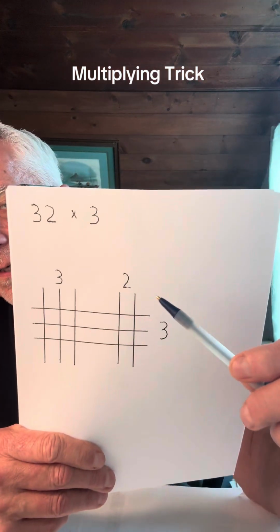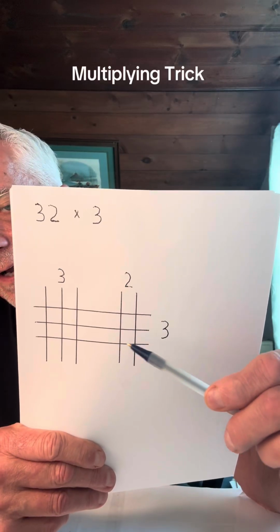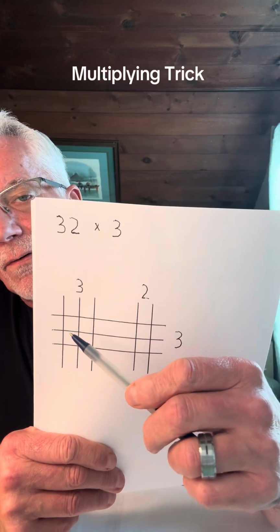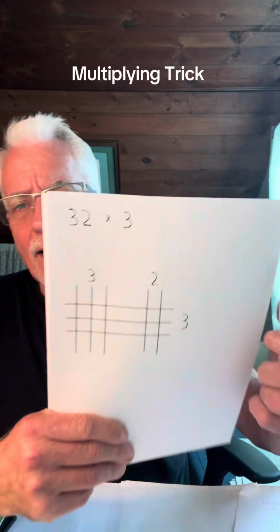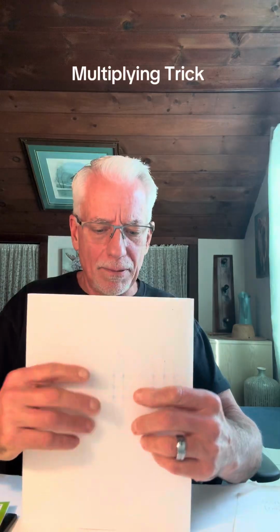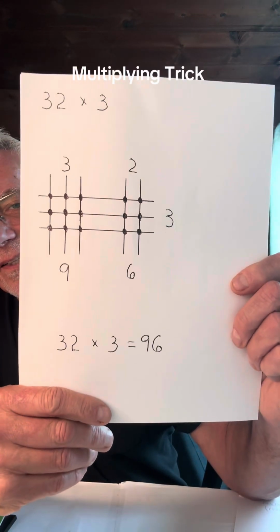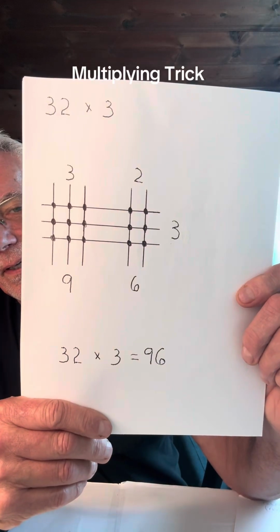Over here I see 1, 2, 3, 4, 5, 6. So this is going to be 6. Over here I see 1, 2, 3, 4, 5, 6, 7, 8, 9. So we get 96 is our answer. We just count them up. And then 32 times 3 equals 96. That's pretty dang cool. Heck yeah.